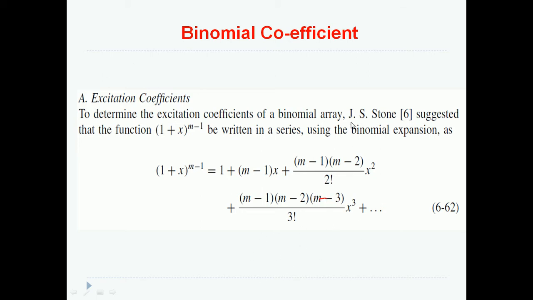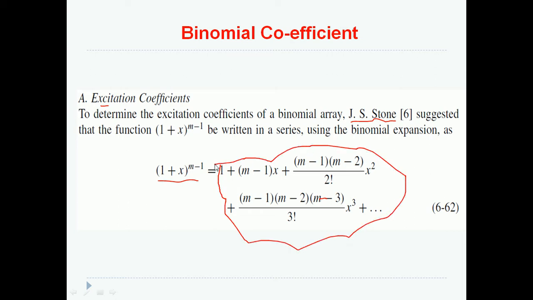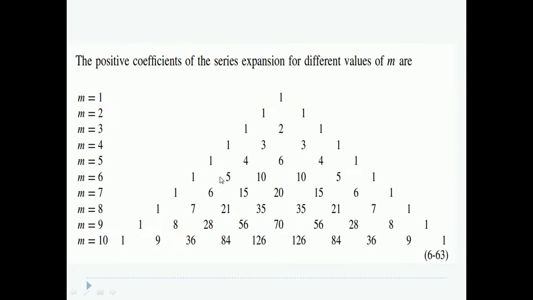He is the person who has written this expression, the binomial expression (1 plus x) to the power m minus 1, which has this particular expansion whose coefficients can be obtained using Pascal's triangle.